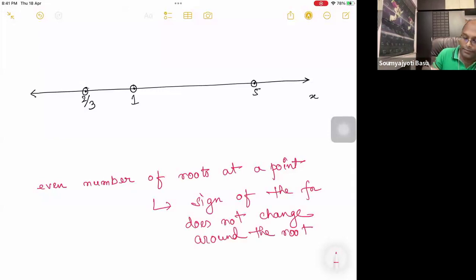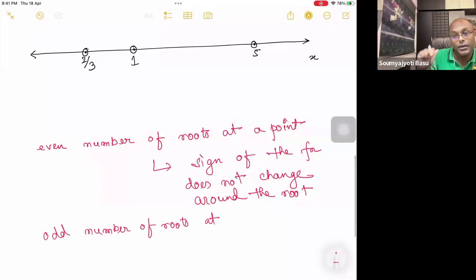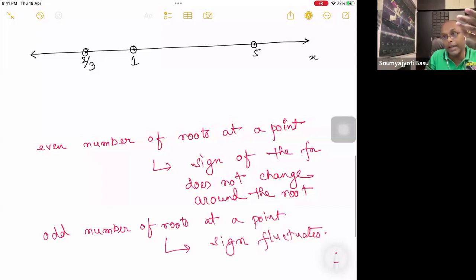But if there are an odd number of roots at that point, the sign fluctuates. This is again a very important point. Remember this as of now. I would get back to it.